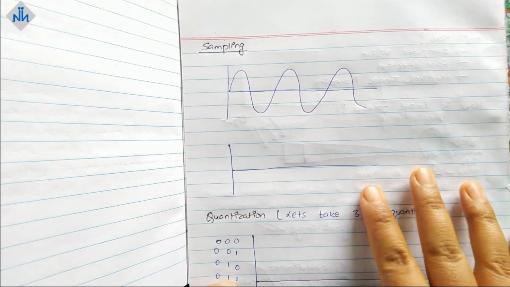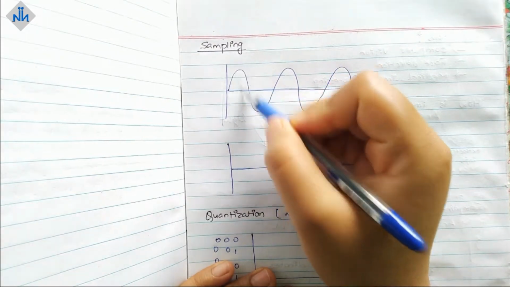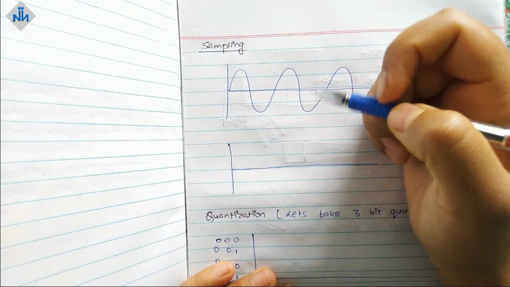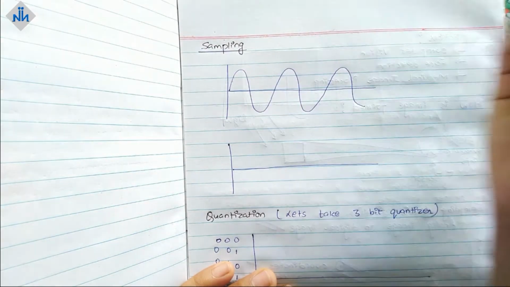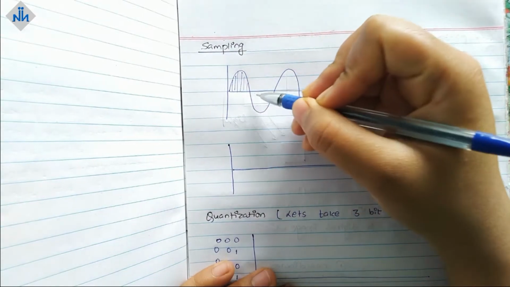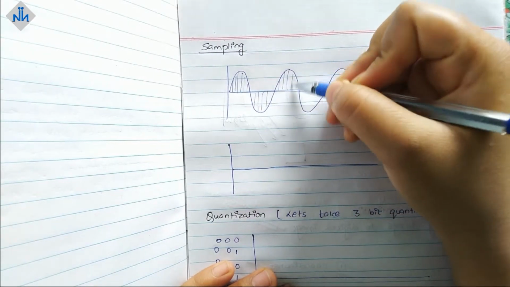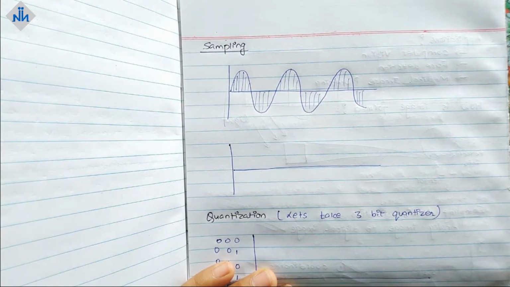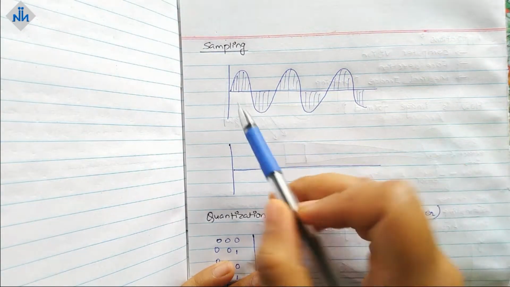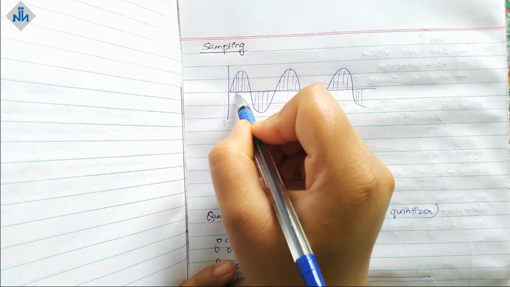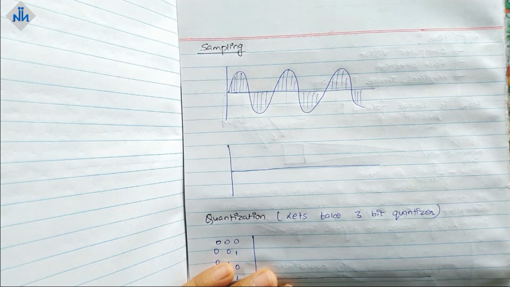So first of all, sampling. This is our analog signal. Analog signals look like this. For sampling, the basic concept is that the signal is divided into small parts. How many parts it is divided into and how much the gap between two parts should be depends on various factors.